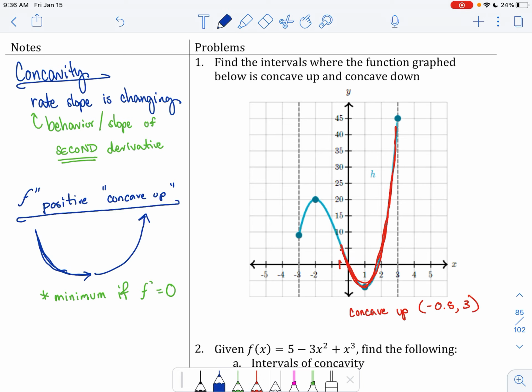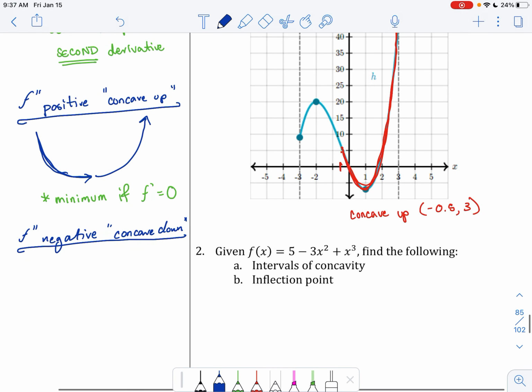And alternatively, when f double prime, when the second derivative is negative, we call this concave down versus concave up, and concave down looks like I hope you would expect it to look, kind of like a frown. It goes over like this, and we have a maximum if you have a critical point there, right?